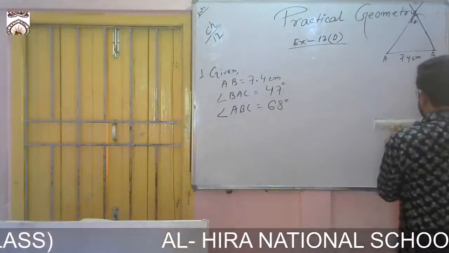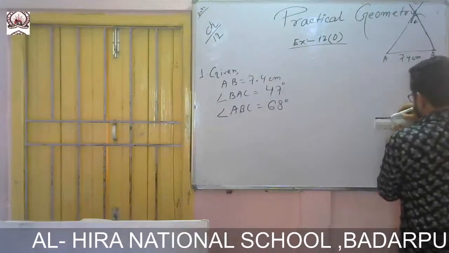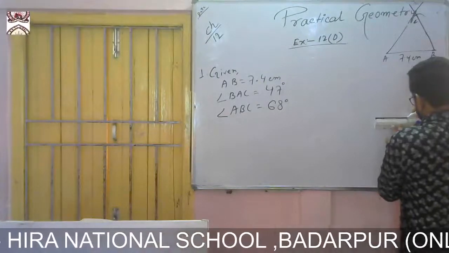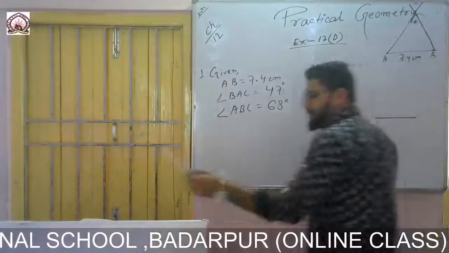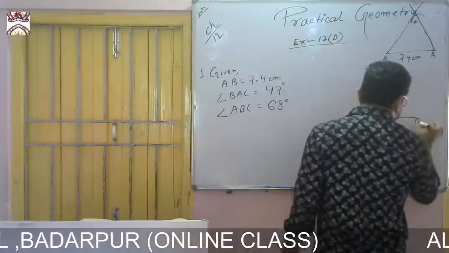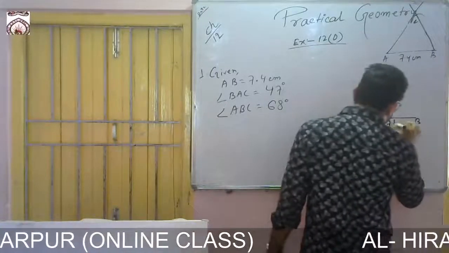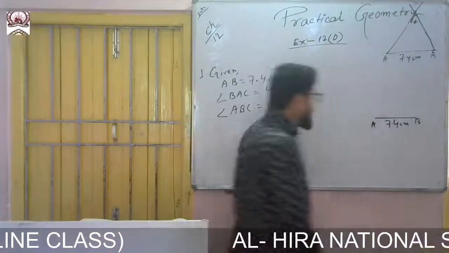Okay, so I took 7.4 centimeter. Now write this one AB. You label this point as AB equals 7.4 centimeter.